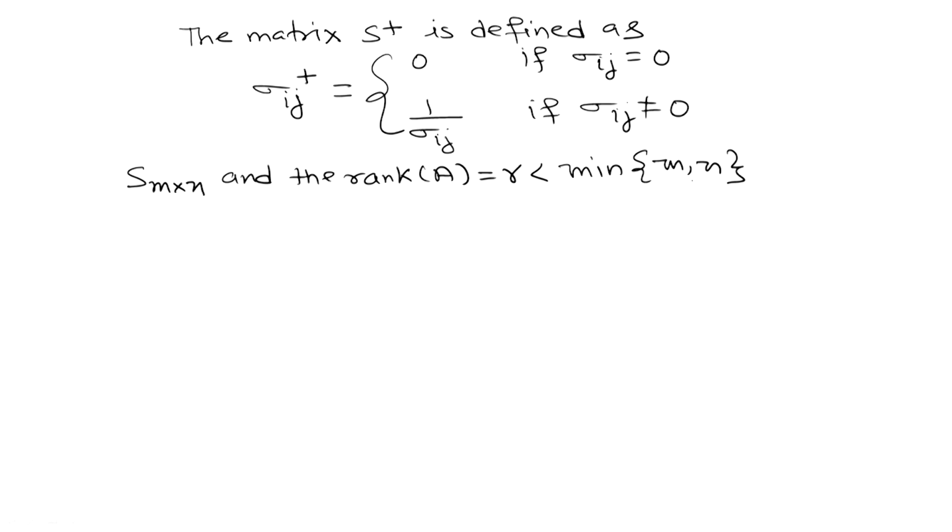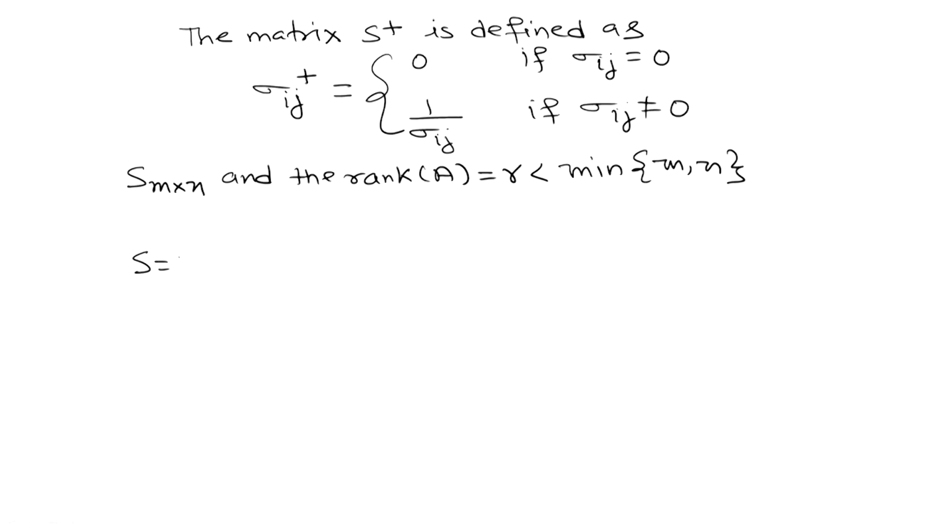So, in both the cases A transpose A as well as A into A transpose will be singular matrices, and hence the inverse of these two matrices do not exist. So, in this case my S will be something of this shape: sigma 1 0 0 0, sigma 2 0, and then I will be having 0 0 sigma r 0 0 0 0.